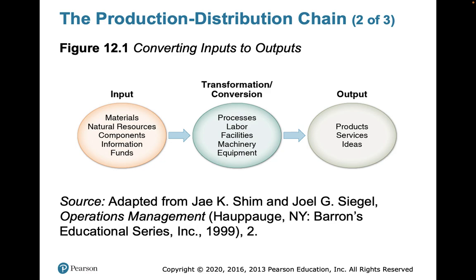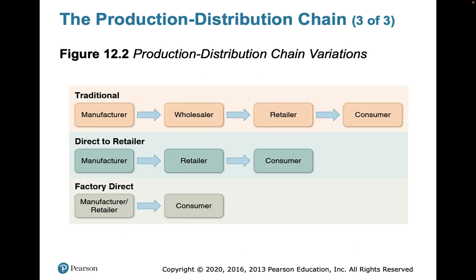So we have input, transformation or conversion, and output. For us to have output, we must have transformation, and for you to have what you're going to transform, there must be input, there must be materials. Then production distribution varies, which I already mentioned.